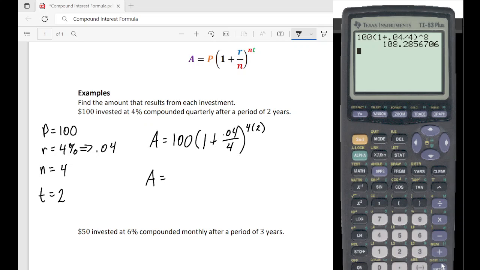And here we have 108 point and a lot of decimals. But since we're dealing with money, you want to round to the nearest cent. So this is going to be $108.29. So that's the amount we have in this account after 2 years given the information.